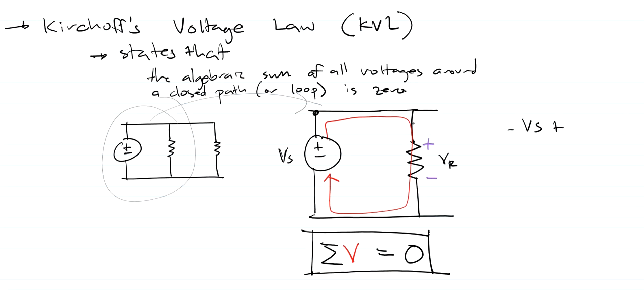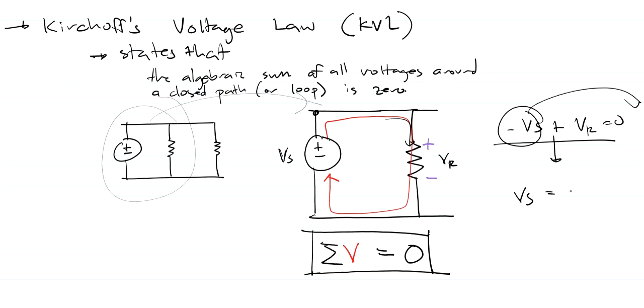Okay, so plus, if we trace it here, we have plus Vr is just equal to 0, right? So that's the mathematical expression. But if we transpose this to the other side, what we get is Vs equal to Vr, which just simply means that the sum.